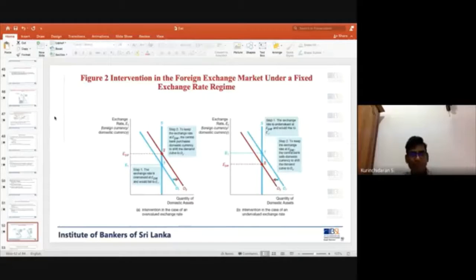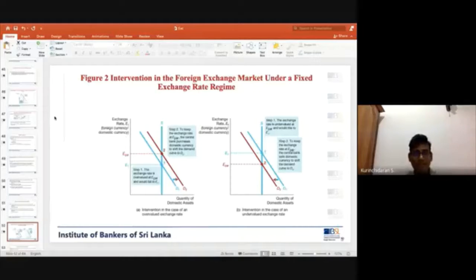Now we just see this based on a graph. Intervention in the foreign exchange market under a fixed exchange rate regime. Let's think the regime is fixed. That means you are going to peg to another currency. Let's assume, if it is Sri Lanka, you're going to fix the exchange rate, or $1 is equal to 150.